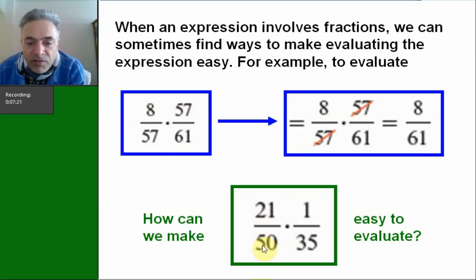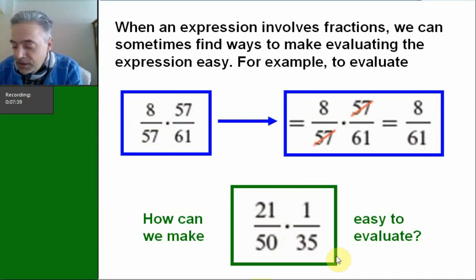So 21 divided by 50 times 1 divided by 35. Can you see any relationship between those numbers, like for example 21 and 35? I can see they are multiples of 7, right? So you can divide those two numbers by 7. So let's see how it goes.